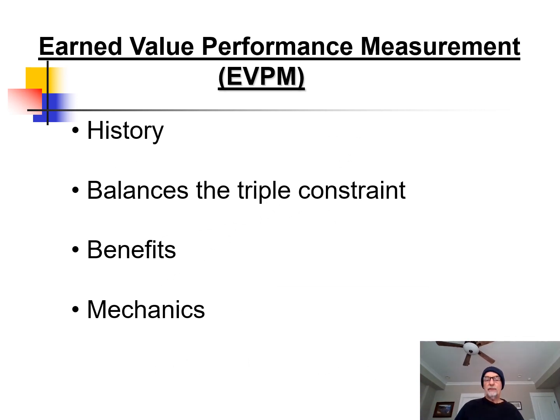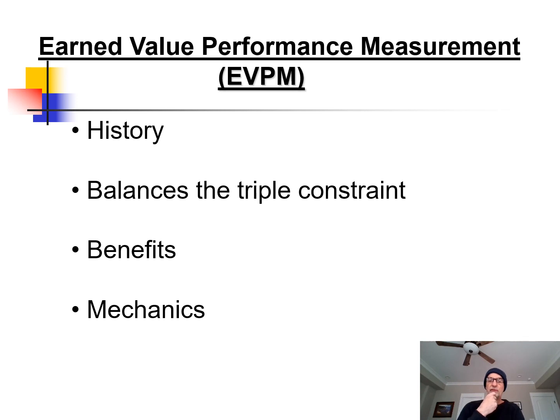Okay, the last part of this lecture has to do with earned value performance measurement, which is really almost the holy grail of project management. So it came from the US government, which was really interesting, and actually the Department of Defense. They enacted EVPM because they were tired of getting ripped off by suppliers.